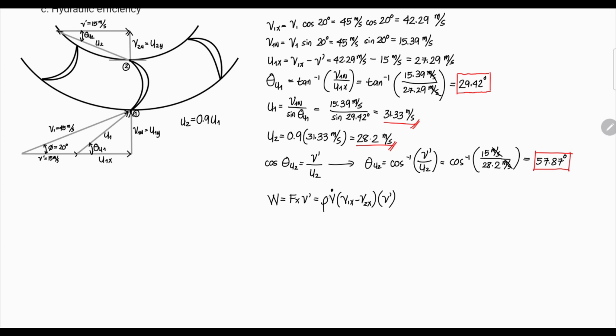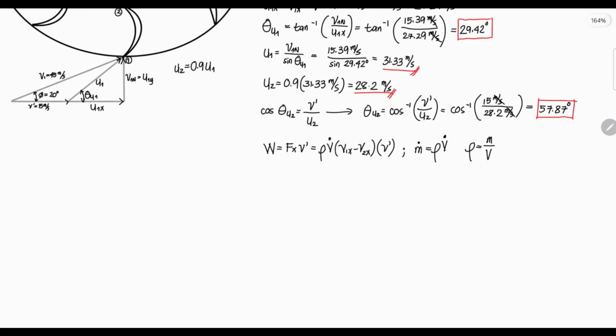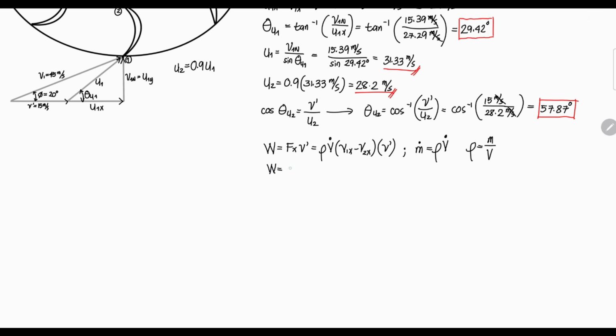And since what was given to us is the mass flow rate, we know that mass flow rate is equal to density times volume flow rate. From the formula of density, where density is equal to mass over volume, density times volume is equal to the mass. So we can write this equation as mass flow rate times V1x minus V2x times our V prime.